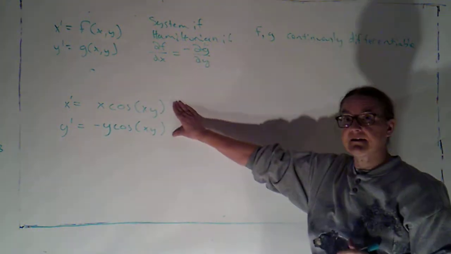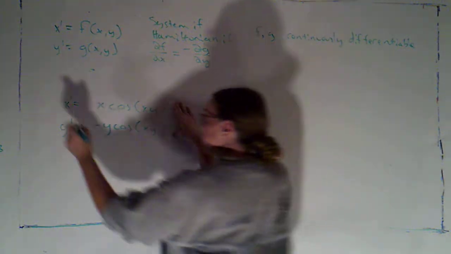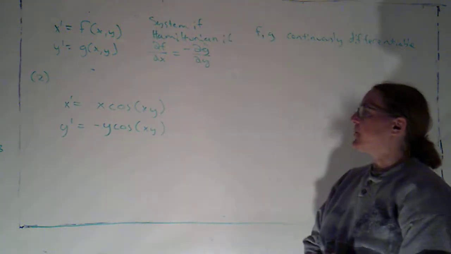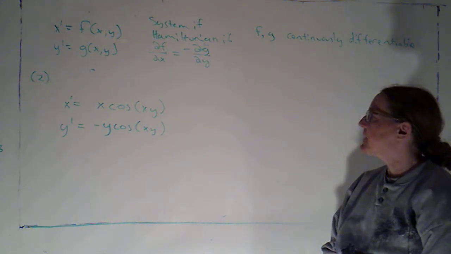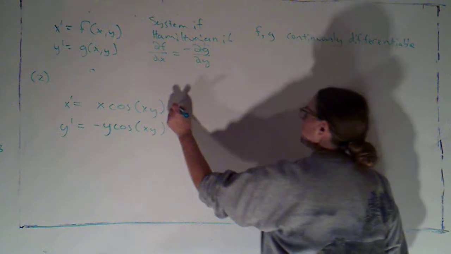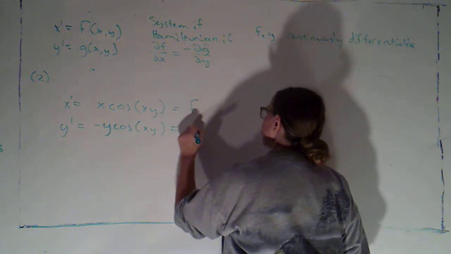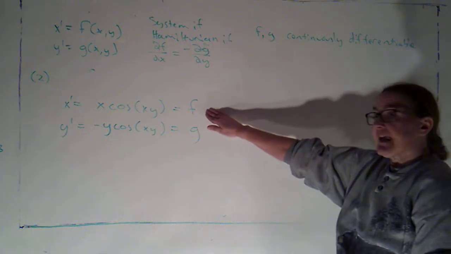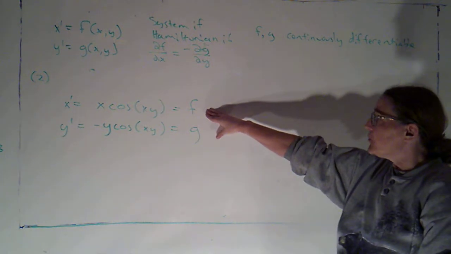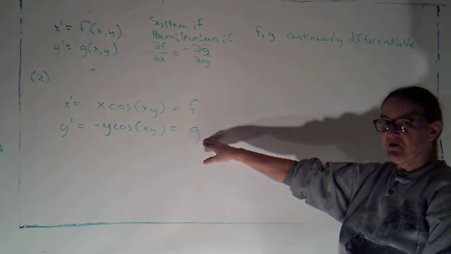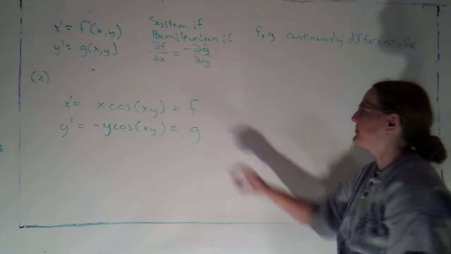This is actually the system from problem number 2 in your textbook. It's an even numbered problem that I did not assign. So I want to check to see, is this system Hamiltonian? I'm going to just name this F and this G. And now I'm going to take the partial of F with respect to x and the partial of G with respect to y.